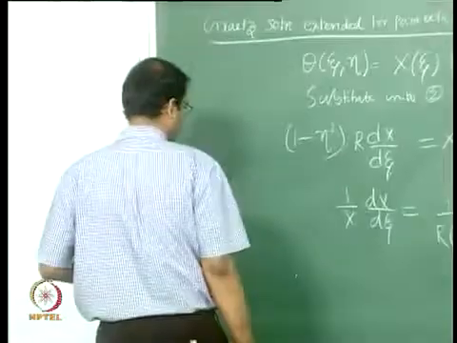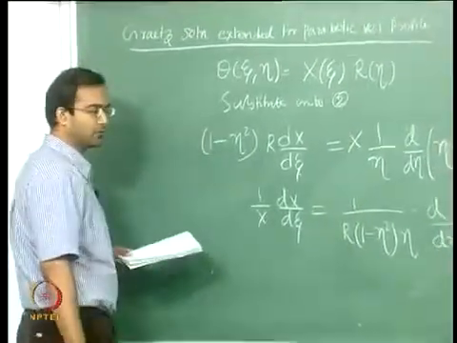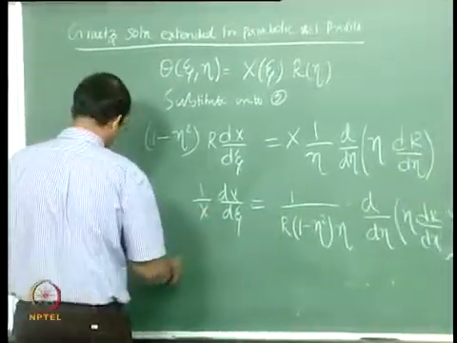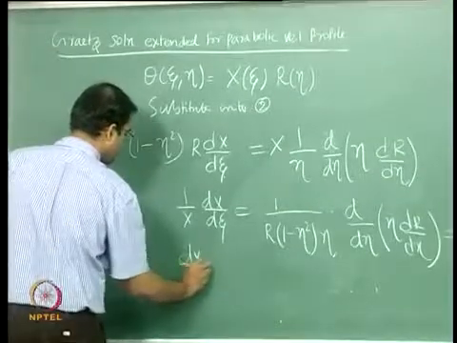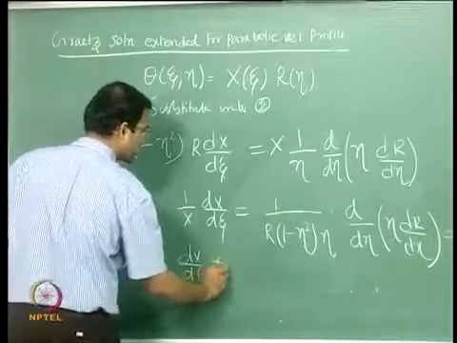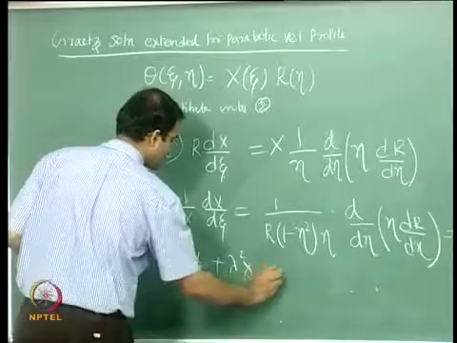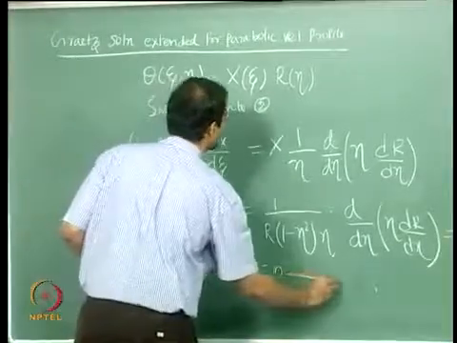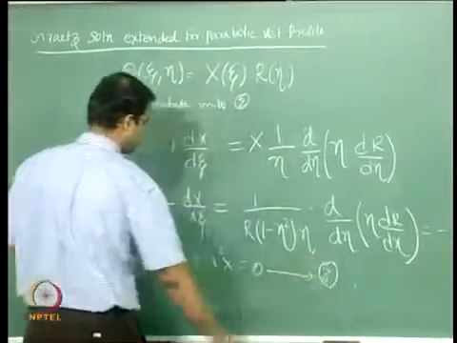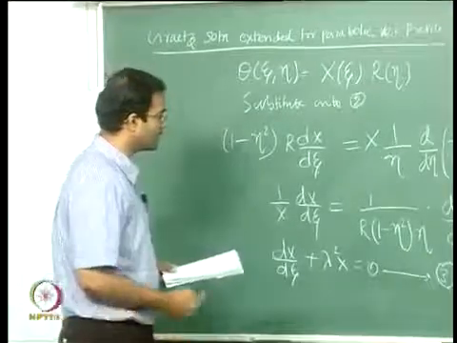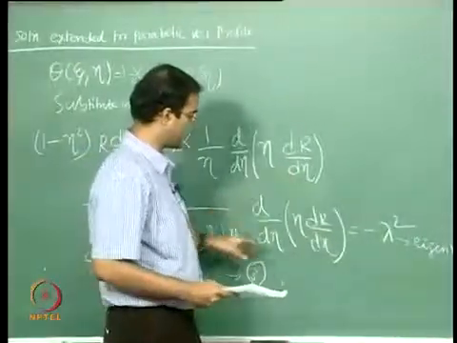So now I can write this into the form of two ODEs, one where I can say dX by d zeta plus lambda square X equal to 0, I will call this number 3, and the second ODE I will expand this term right here.